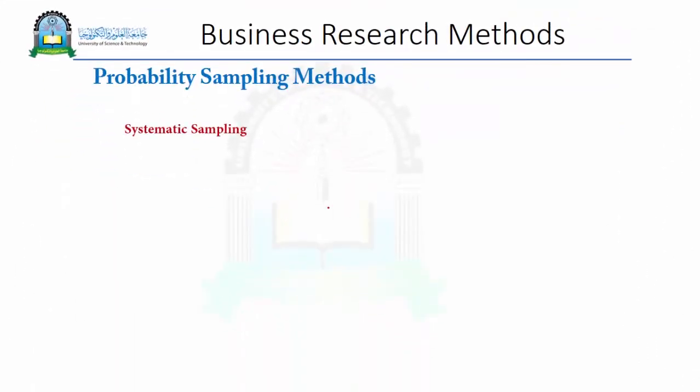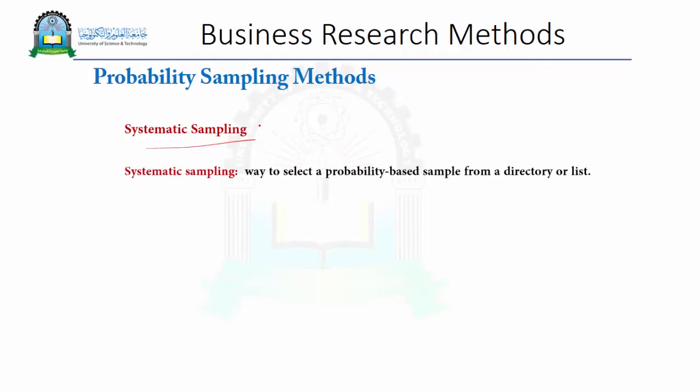The probability sampling method also has another technique, which is systematic sampling. Systematic sampling is very similar to random sampling, but here we draw the sample systematically. It is a way to select a probability-based sample from a directory or a list.